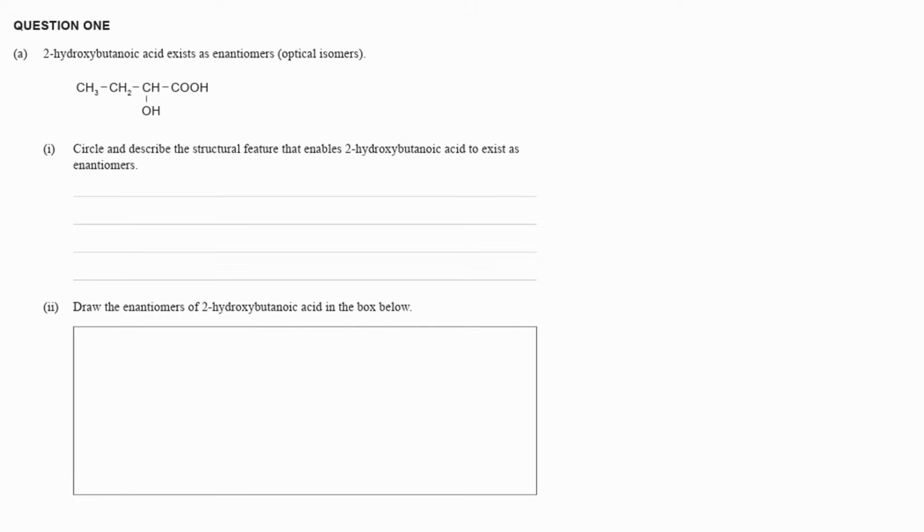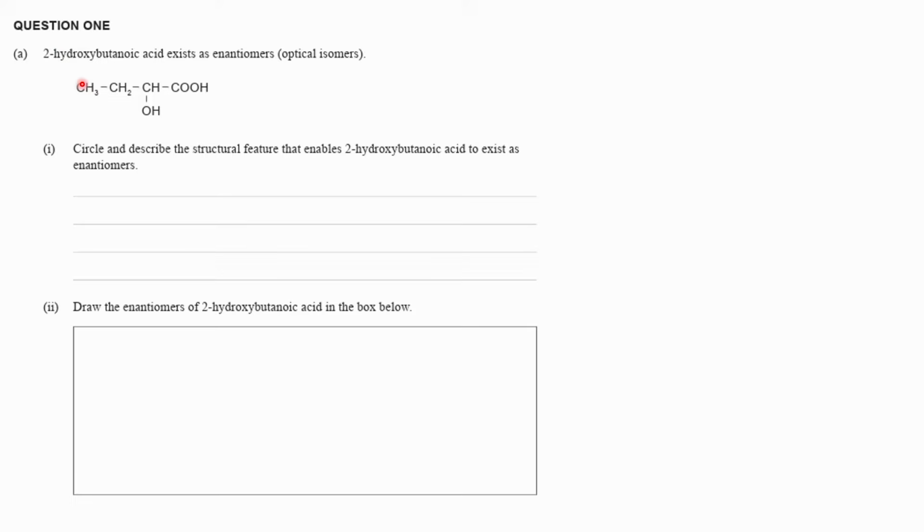Okay, if you've done your study on enantiomers, you know that the most significant property that makes them enantiomers is that they have a chiral carbon, a carbon that has 4 different groups or atoms, that is substituents, coming off it. In this molecule, if we look at the very first carbon, it has 3 hydrogens.